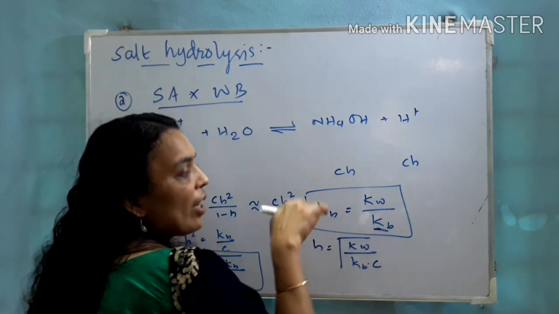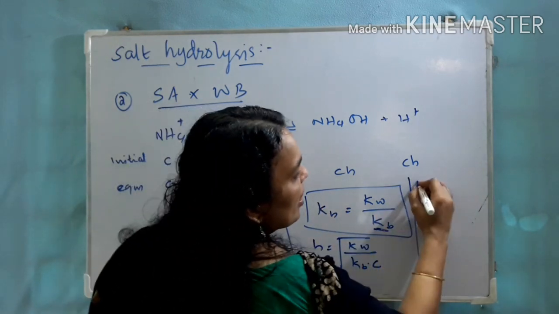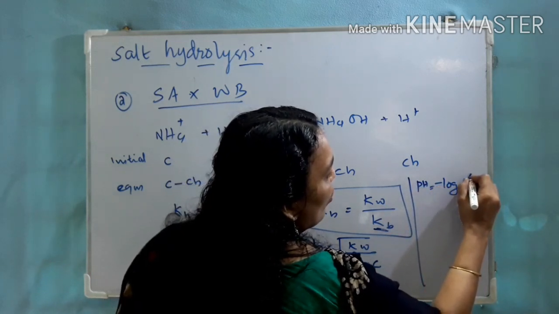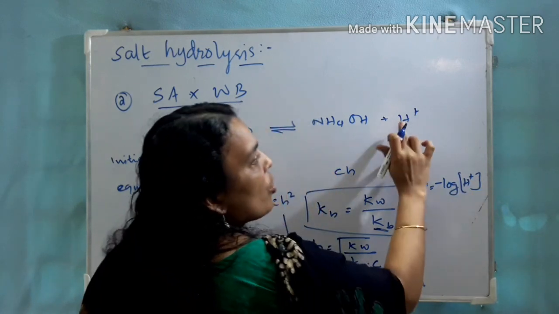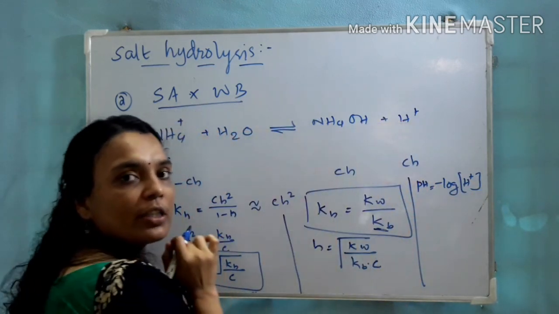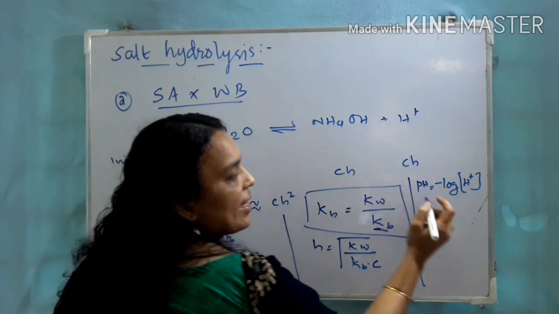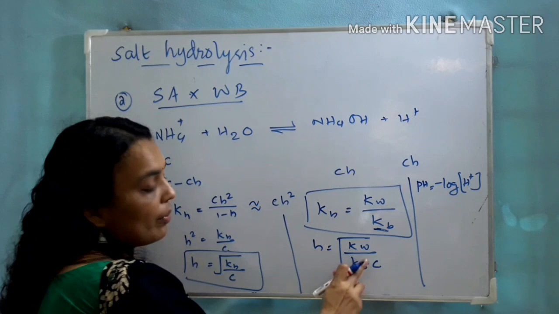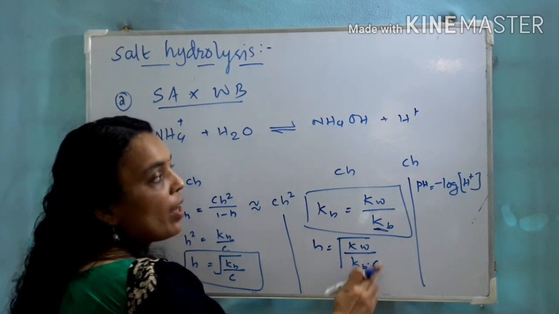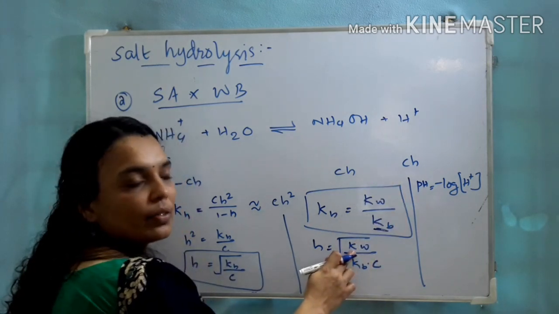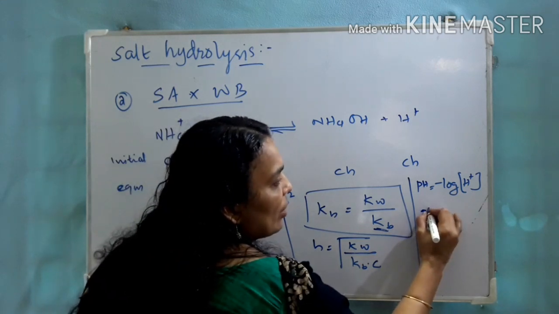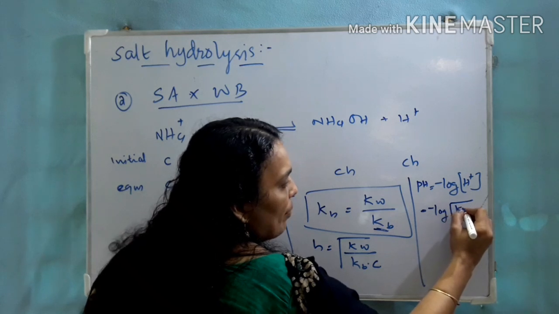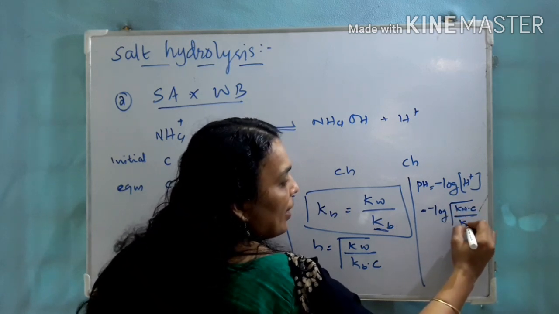Then if you want to calculate pH, what is pH? pH is equal to negative logarithm of the molar concentration of H plus ion. So what is the molar concentration of H plus ion in this solution? That is Ch. We have h is equal to root of Kw by Kb into C, so C into this factor. So that is equal to negative logarithm of root of Kw into C by Kb.